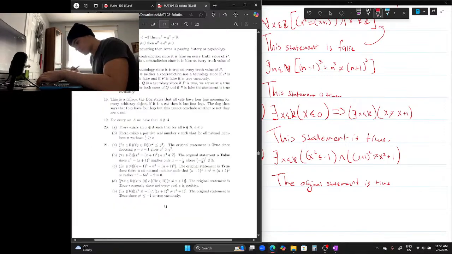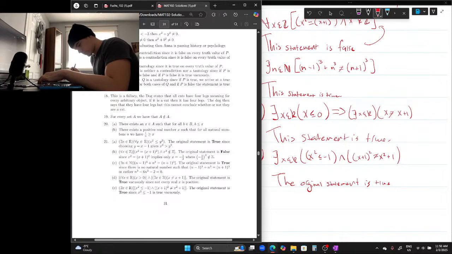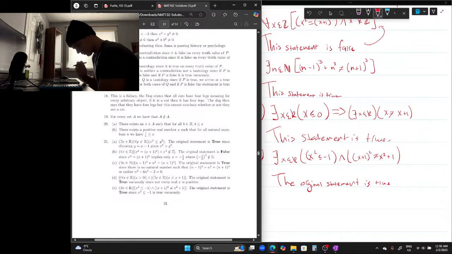The original statement is true since x squared less than -1 is false, so it's true vacuously.